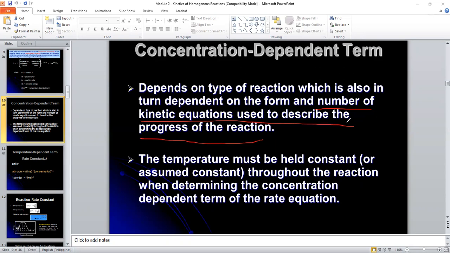If I simplify it, class, the mechanism tells you the correct order of your reaction.